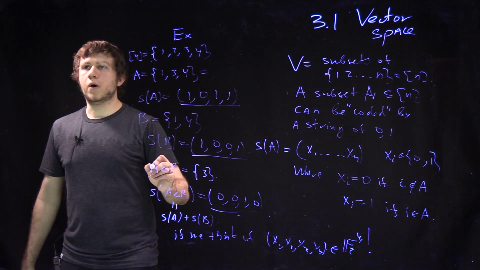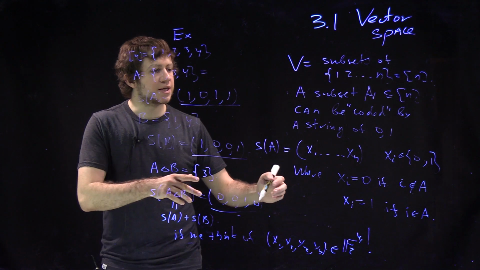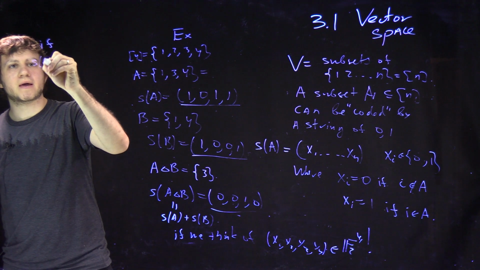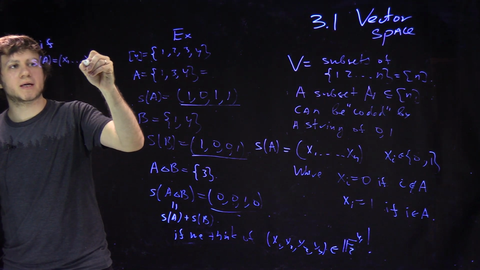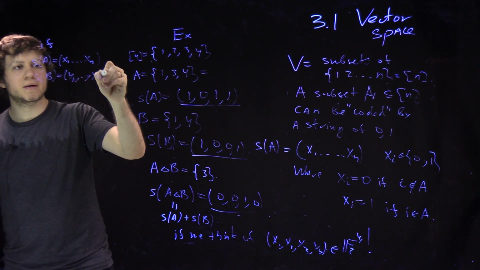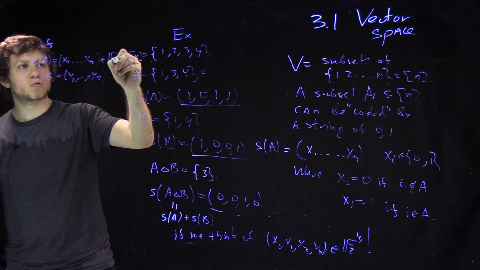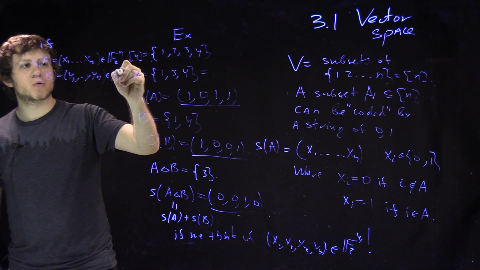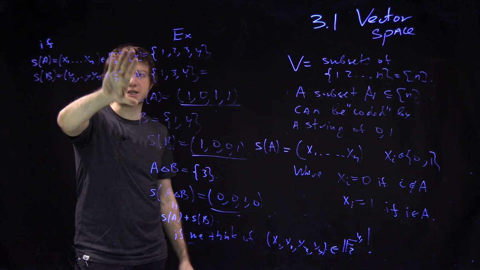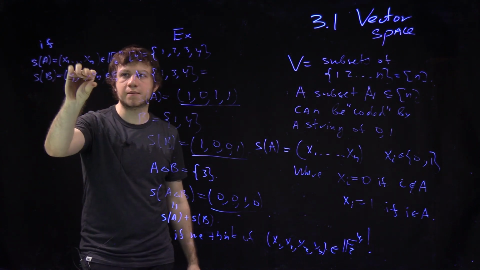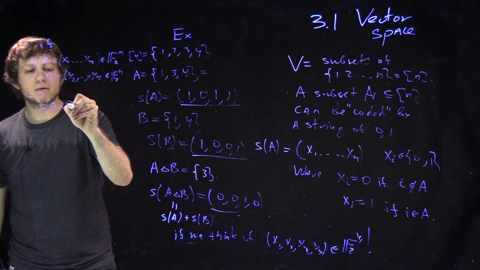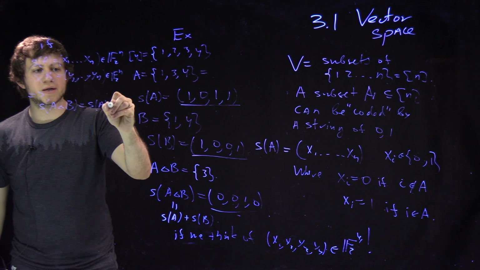If S of A equals x1 and so on xn, and S of B equals y1 and so on yn, and these are inside F2 power n, so now you not only think of them as strings of zeros and ones, you think of them as vectors in this coordinate vector space we discussed before, where you add them coordinate-wise. Then S of A symmetric difference with B is S of A plus S of B.